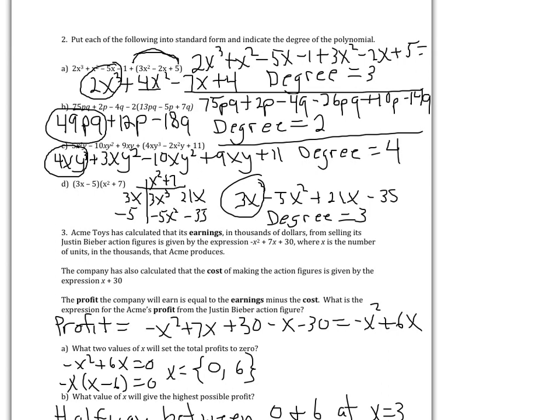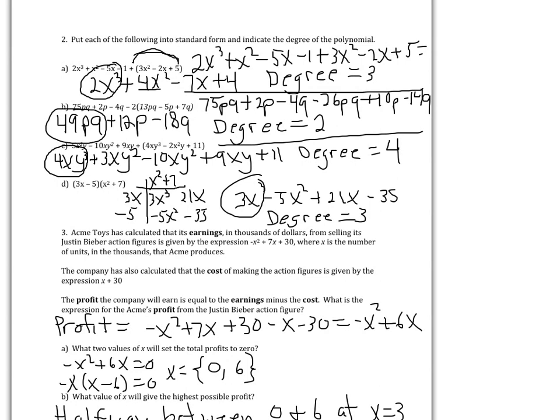For the next one, we have to be careful because we have x squared y, we have xy squared, and those can easily be confused. So when we add everything out, we end up with a 4xy cubed, which is the highest degree because it has an x to the first and a y to the cube, which is degree of 1 plus 3 or 4. Then we also have a negative 10xy squared.